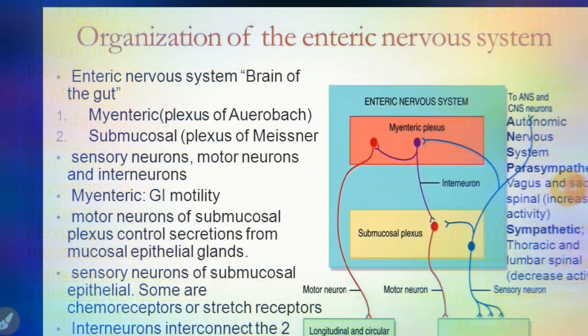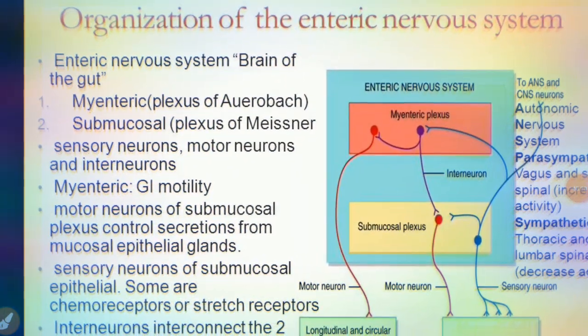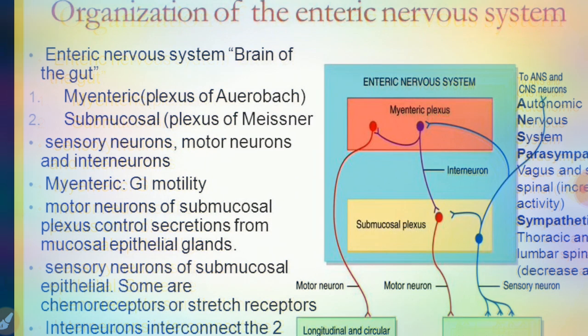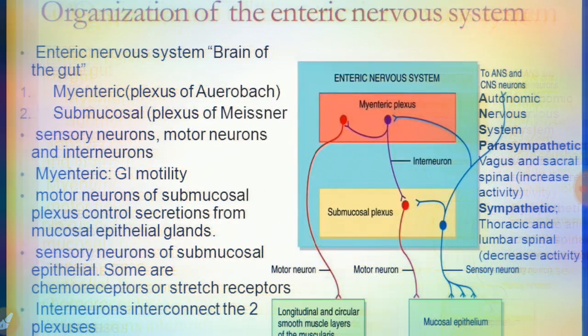This is the organization of the enteric nervous system. At the start itself we discussed the enteric nervous system, the brain of the gut: the myenteric plexus, submucosal plexus, sensory neurons, motor neurons and interneurons. GI motility is under the myenteric plexus, and secretion under the submucosal plexus. Already discussed at the start, this just shows how it is organized.